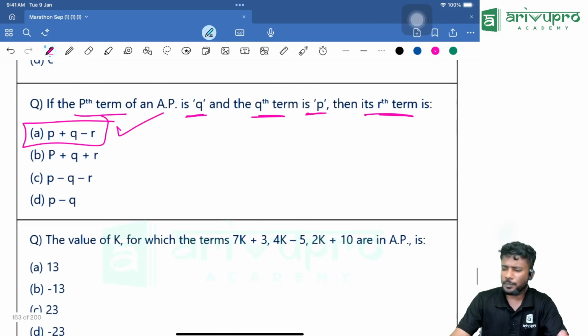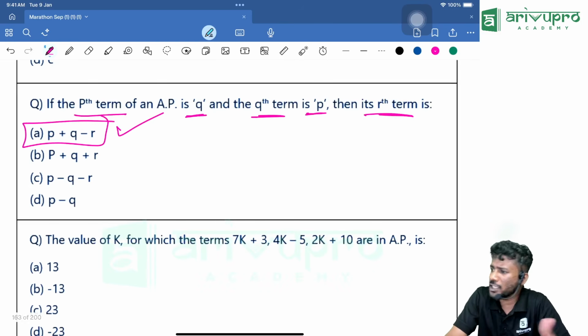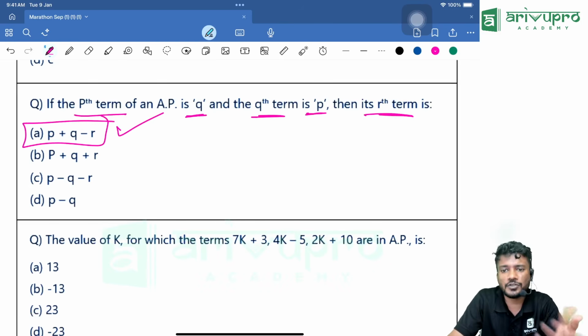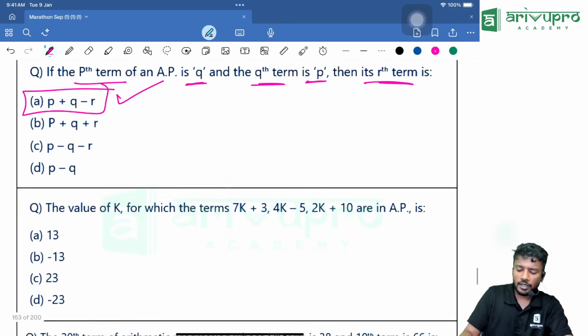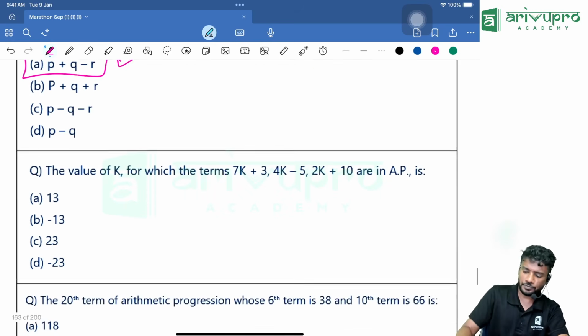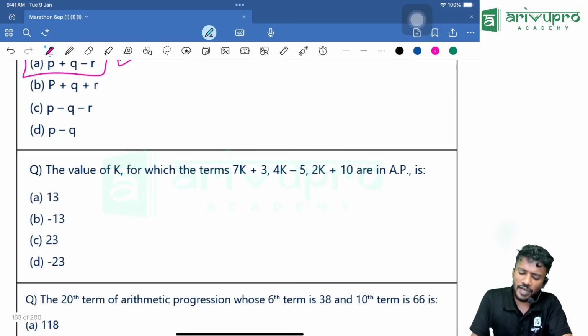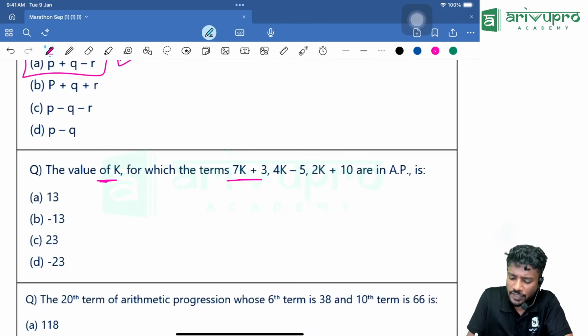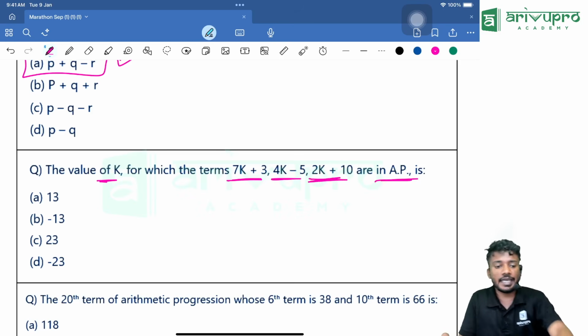There is a proof for this, but they are not expecting you to know the proof. It's a theorem you studied long back. Everyone studied AP and GP in 10th or 9th, right? Next one. Find the value of k for which the terms 7k plus 3, 4k minus 5, 2k plus 10 are in AP.